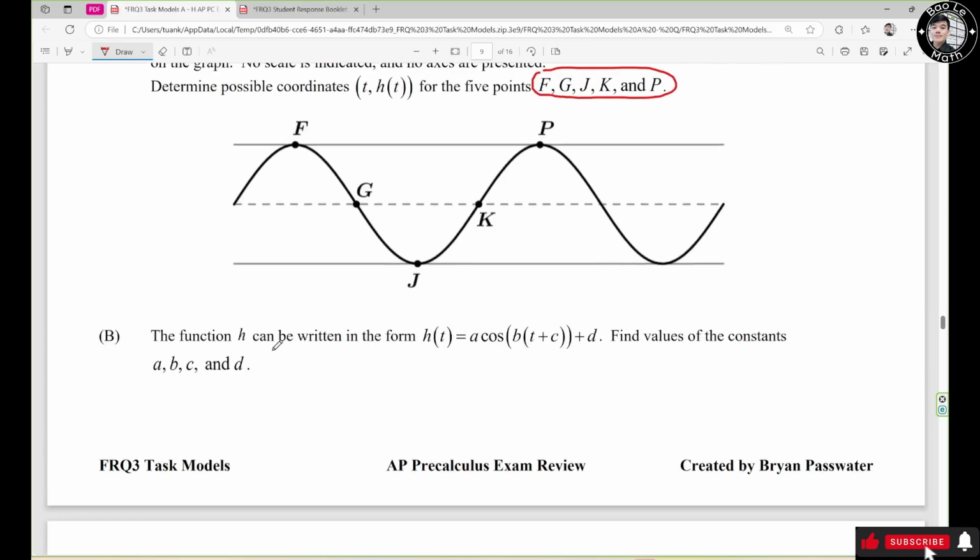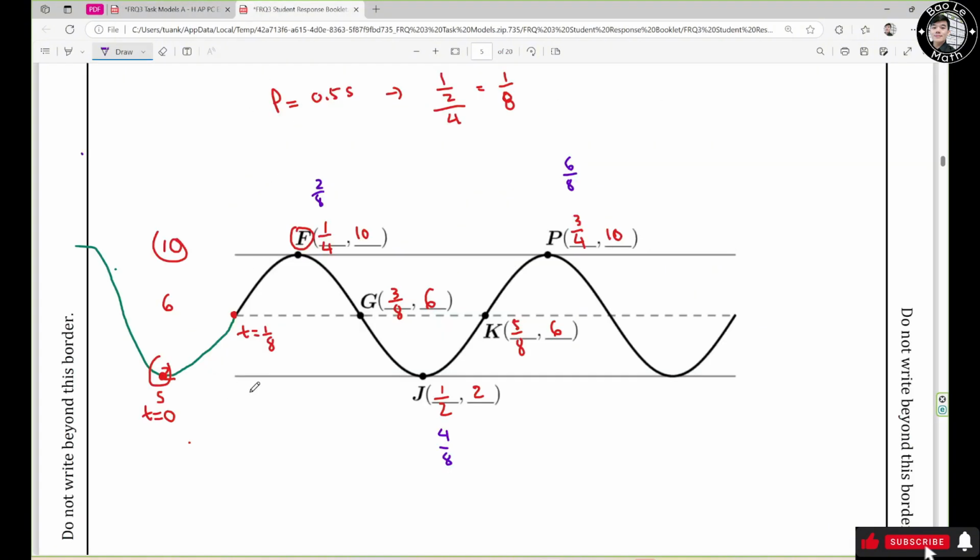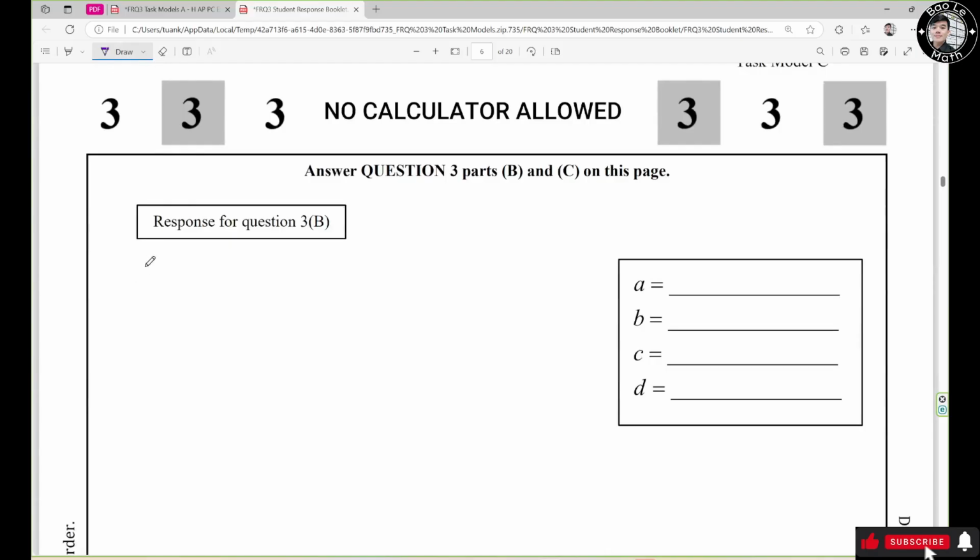The function h can be written in the form h of t equals a cosine of b t plus c, plus d. We need to find a, b, c, and d. So, to find a, it's going to be maximum subtract minimum divided by 2.